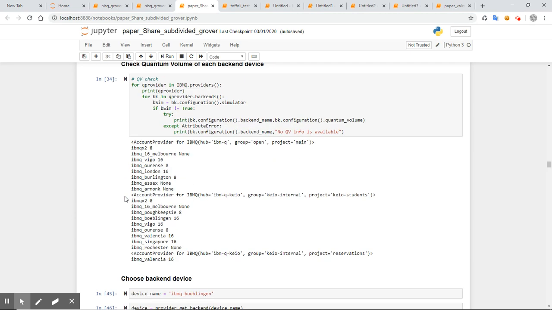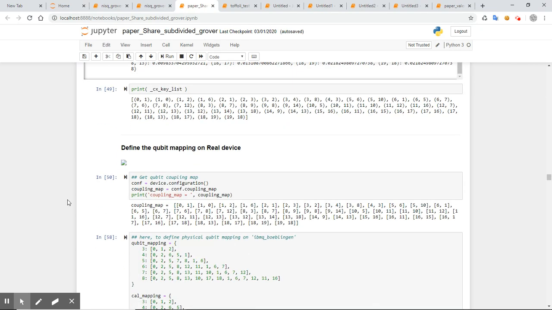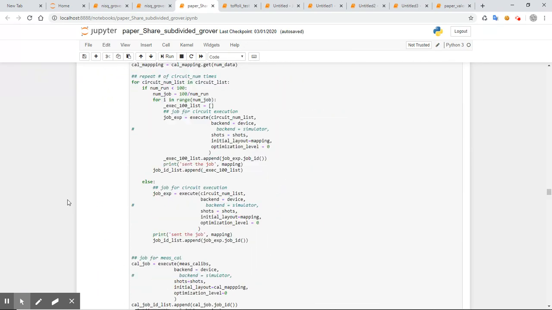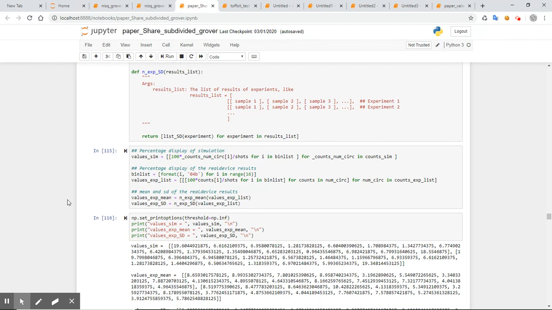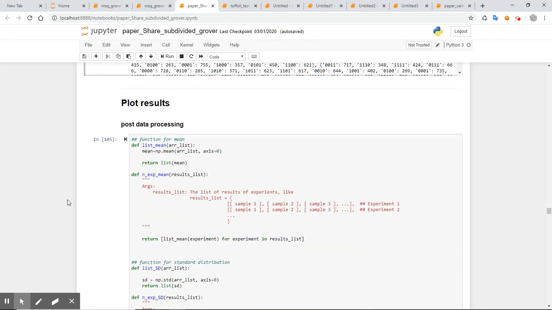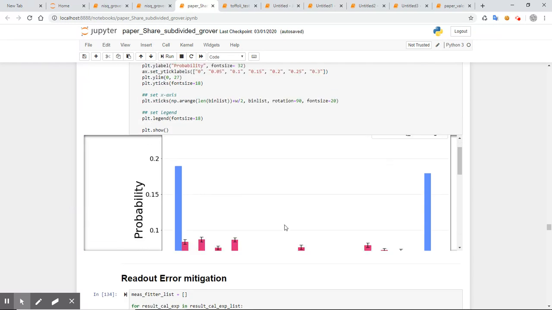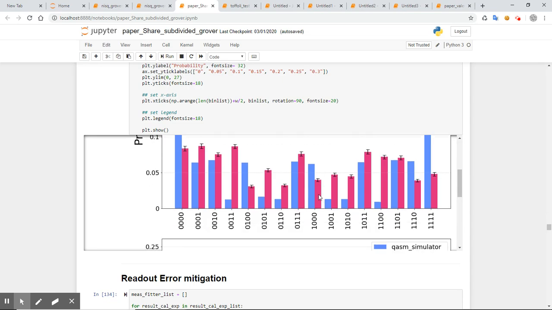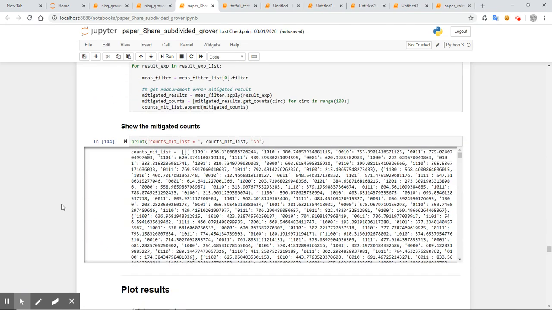this is extremely machine dependent. But in their case, they were getting nice numbers, I think. Plot the results. Post data processing. Read out errors.